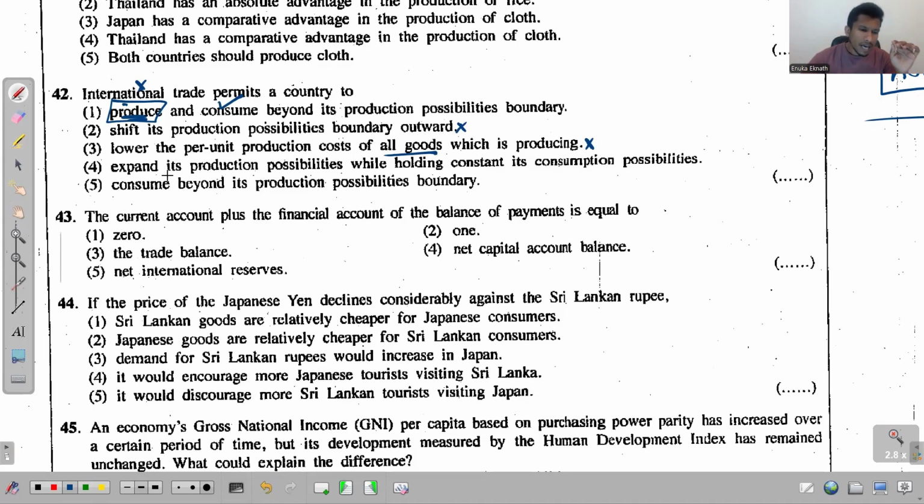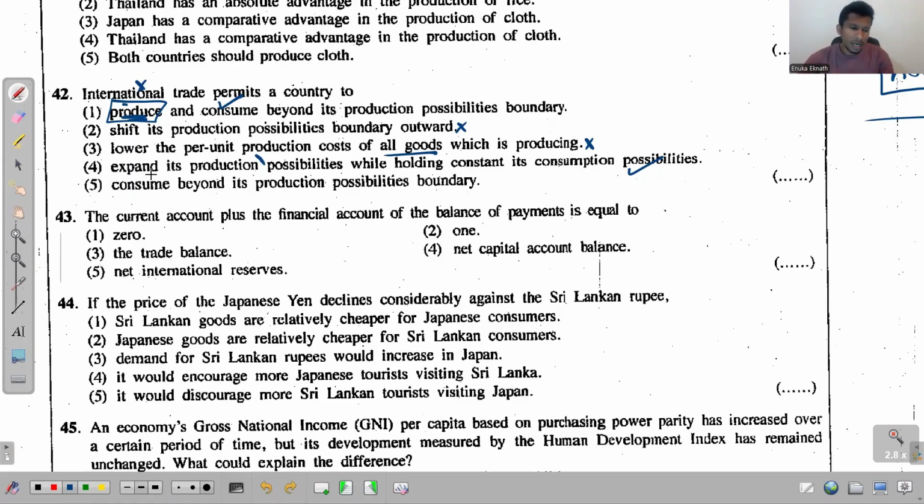The fourth one, expand its production possibilities while holding constant its consumption possibilities. No, the consumption possibility will always increase, right? It will not be held constant. It will increase for sure thanks to international trade. The problem with the fourth one is the first part is wrong.